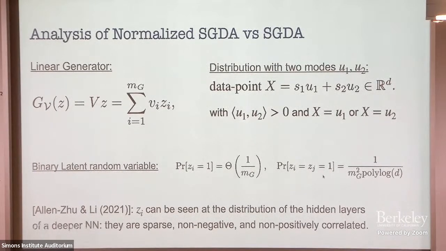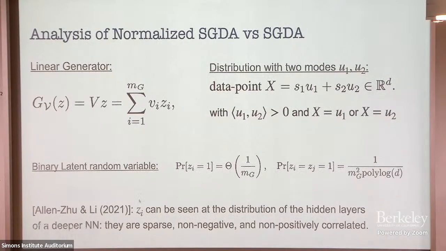And the target distribution is just a mixture of two modes, U1 and U2, that are positively correlated. Your random variable realization is either U1, or U1 and U2. So what you would like to learn with VI are these two vectors, U1 and U2, with the right weights, which depend on these two random variables S1 and S2.